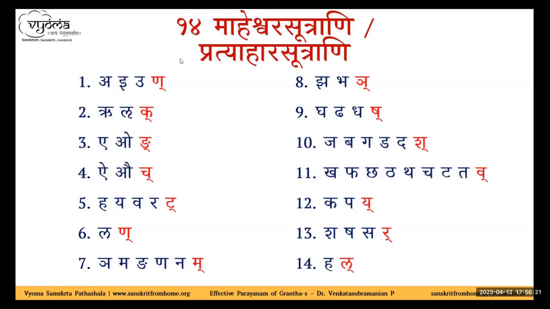Can I repeat again, Mahoday? Yes. Hash. Please repeat. Haya vara la nyama na jhabha ghata dha jabha gada dha. Yes. You only tell the next answer. Khar Pratyahara. Khar.